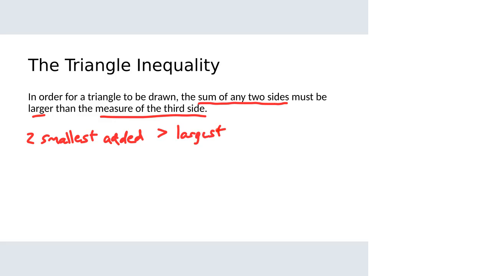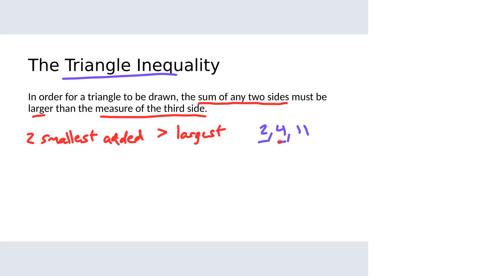But the two smallest added together has to be bigger than the largest, or we can't make a triangle. Here's an example. Let's say we try to draw a triangle with side lengths 2, 4, and 11. According to the triangle inequality, this isn't going to work because 2 and 4 would be 6. That's not bigger than 11, so it's not going to work.